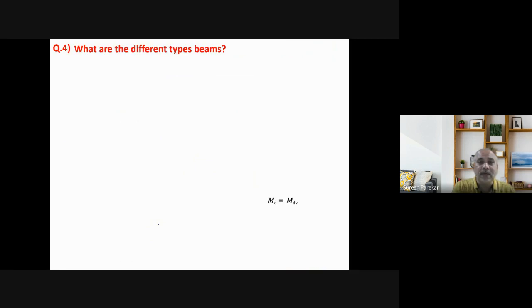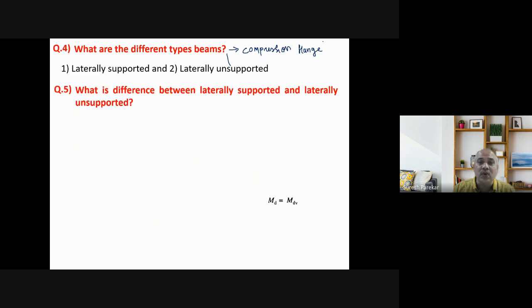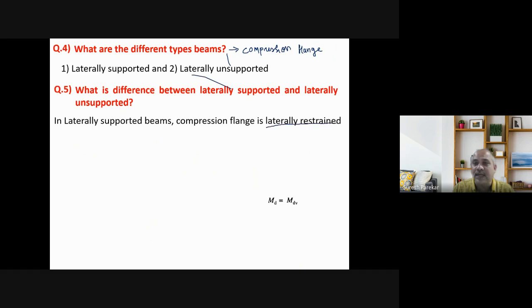And then what are the different types of beams? We have laterally supported beams and laterally unsupported beams. This classification depends upon the compression flange. The compression flange will decide whether your beam is laterally supported or laterally unsupported. How? You can see this. If my compression flange is laterally restrained, then we say that the beam is laterally supported.